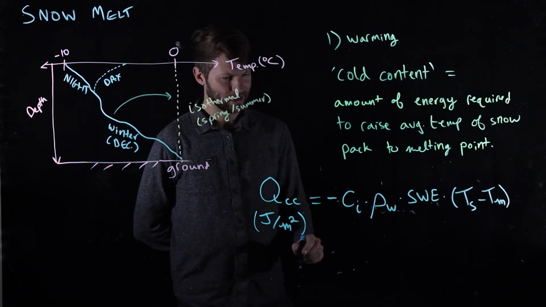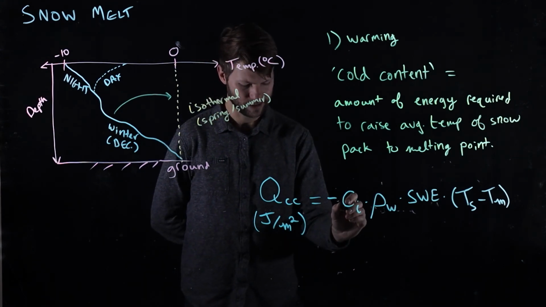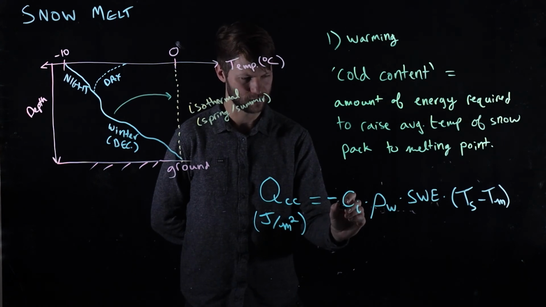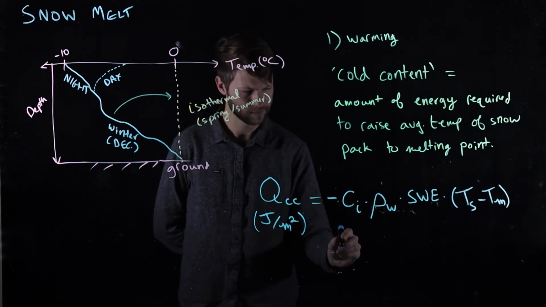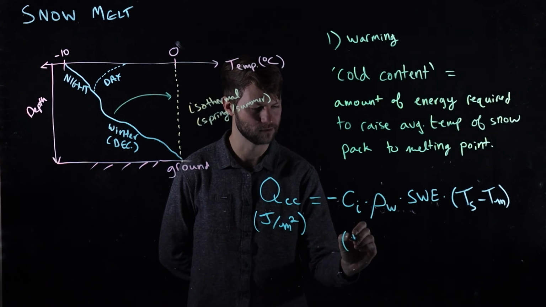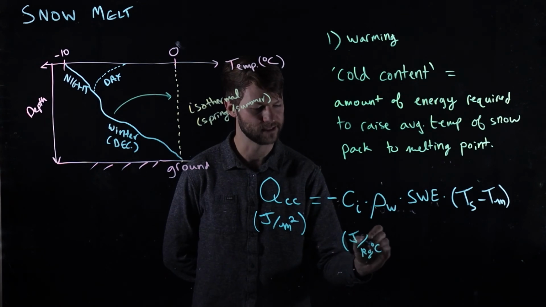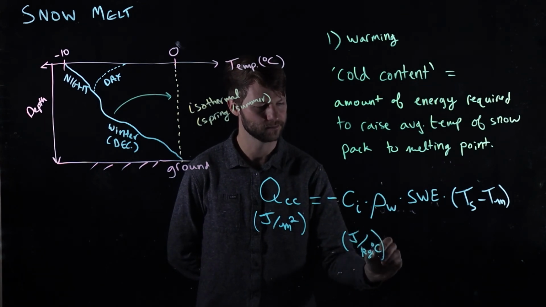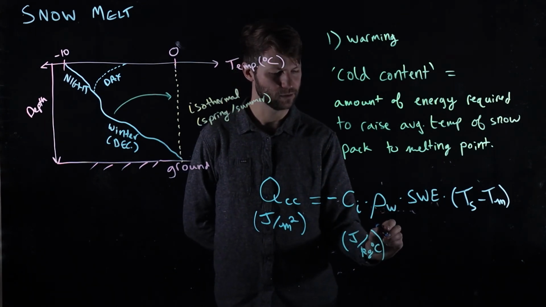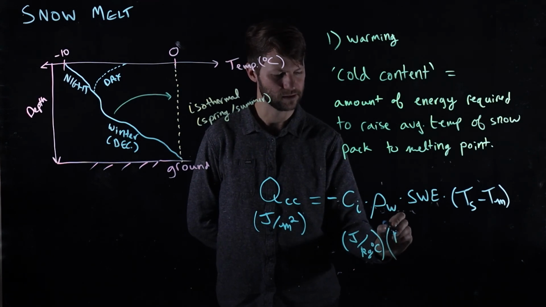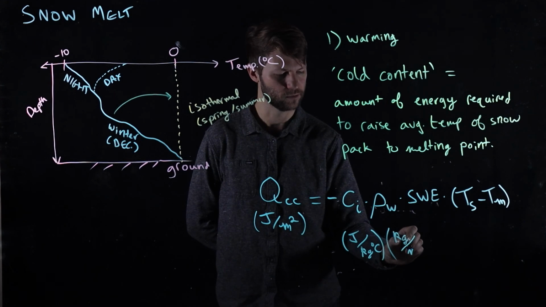So let's do a quick analysis. This is the heat capacity of the ice. This has dimensions of joules per kilogram degrees C, or per Kelvin. The density of liquid water is going to have units of kilogram per cubic meter.